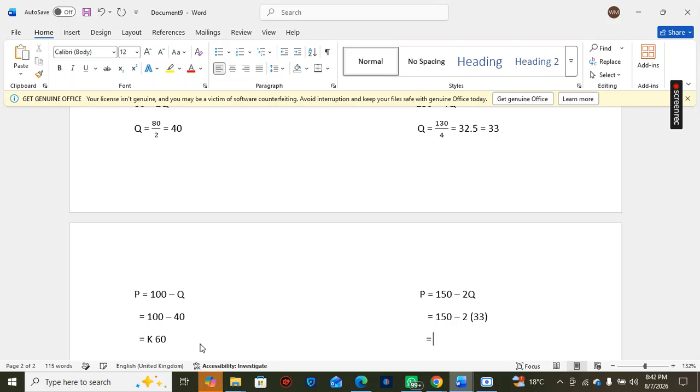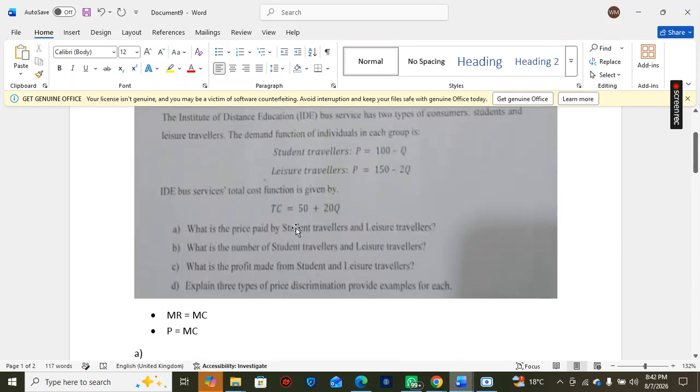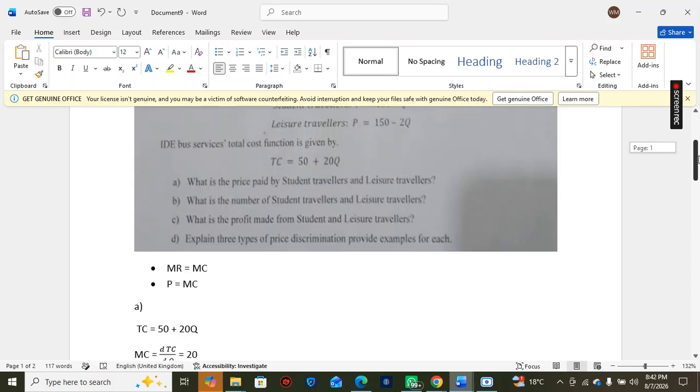This is how much the leisure travelers have to pay, 84 kwacha. That solves part A, which asked us, what is the price paid by student travelers and leisure travelers?